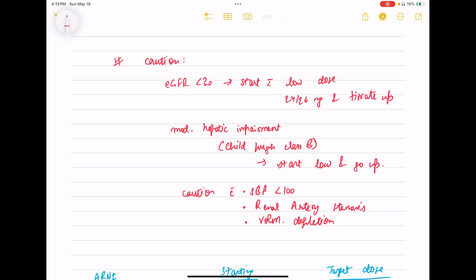Similarly, for moderate hepatic impairment, start at a low dose and go up. And also use caution with systolic blood pressure less than 100, renal artery stenosis, and volume depleted patients. In fact, if your patient is on the volume depleted side, you may benefit from lowering the dose of diuretics and then starting the Entresto, so it will be better tolerated.